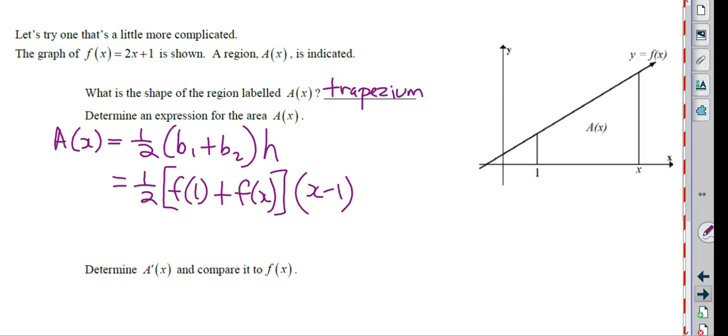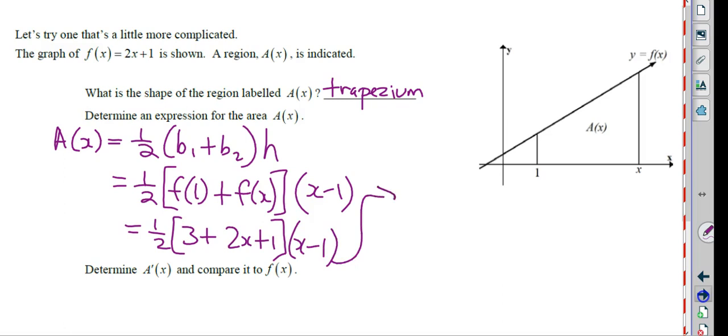All right, so we can work out f of 1. What's f of 1? 3. What's f of x? 2x plus 1, times x minus 1. Okay, so what have we got in here?